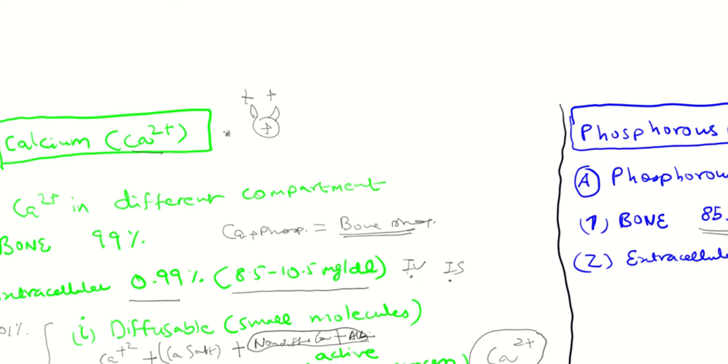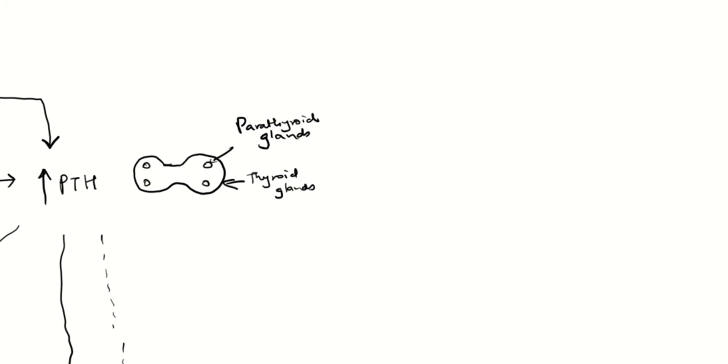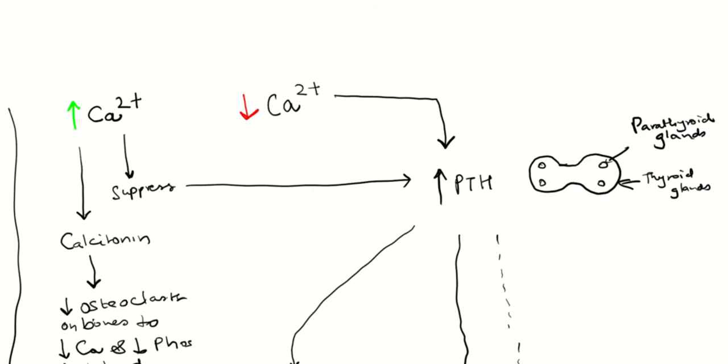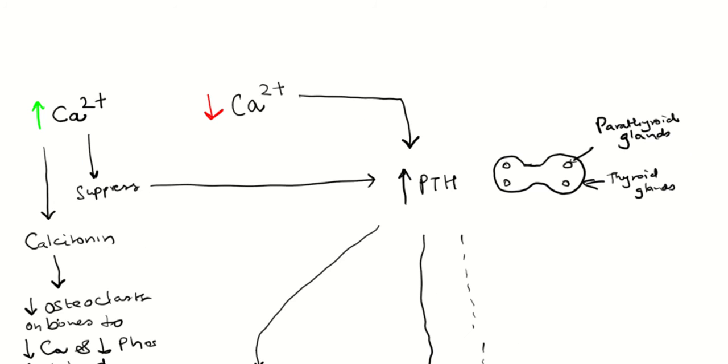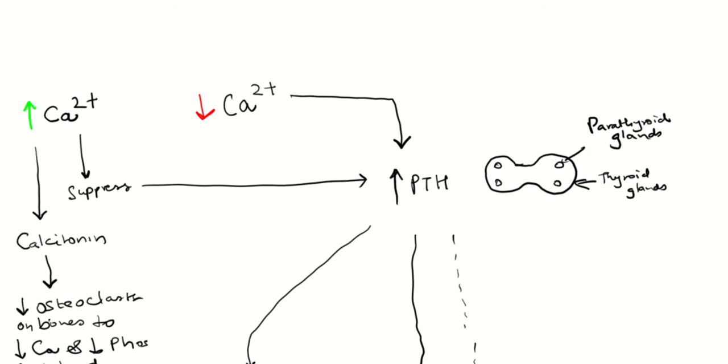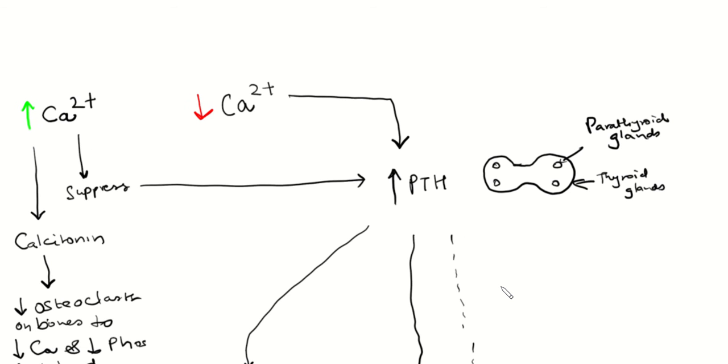Excellent. Perfect. So we talked a little bit about phosphorus. So the next thing we're going to talk about is how we regulate calcium and phosphorus in our body. Okay? So we have a gland that is a parathyroid gland. So again, thyroid, it's in our neck.